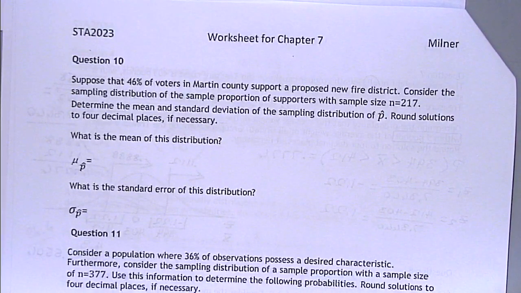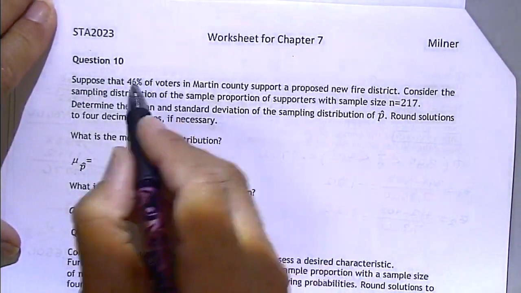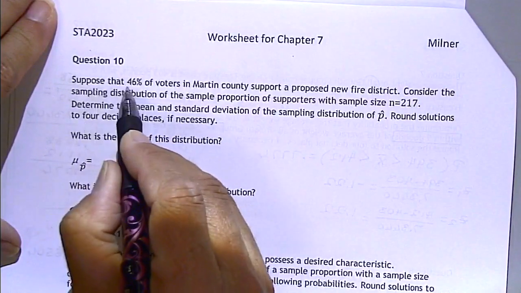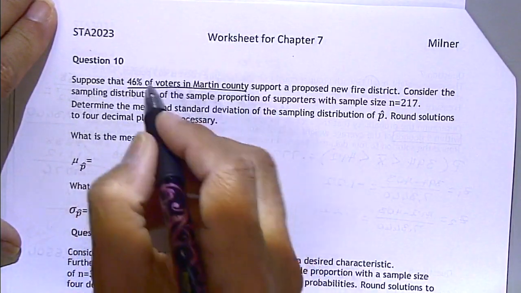That's the only kind of proportion problems you've dealt with, so you're good with that. And there's a sample size of 217, and we want to get the mean and the standard deviation of the sampling distribution of P hat to 4 decimal places. Well, look, P is the population proportion. It says 46% of voters in Martin County. That's P.